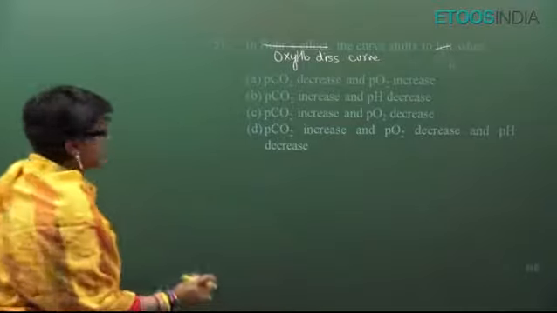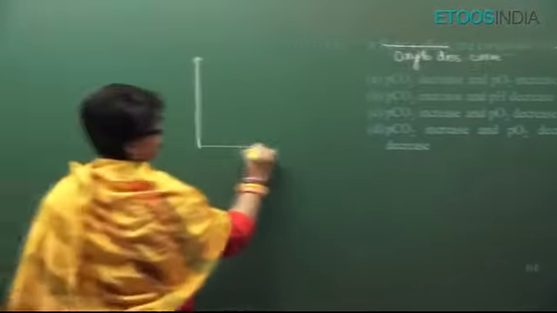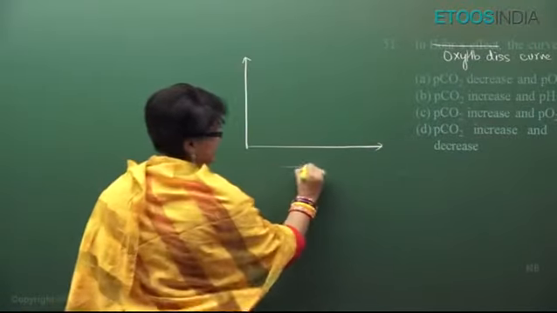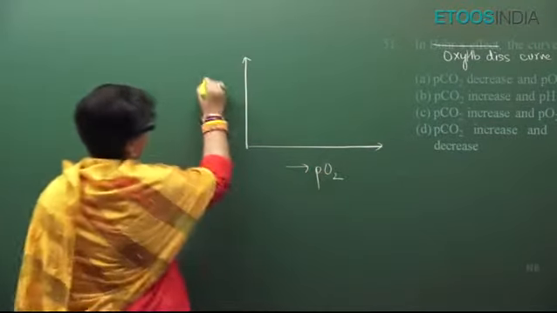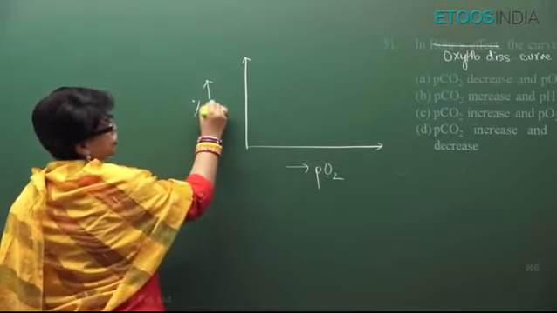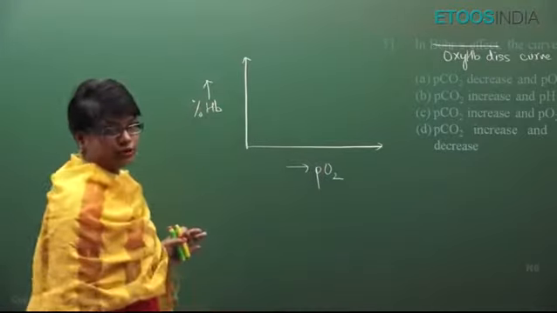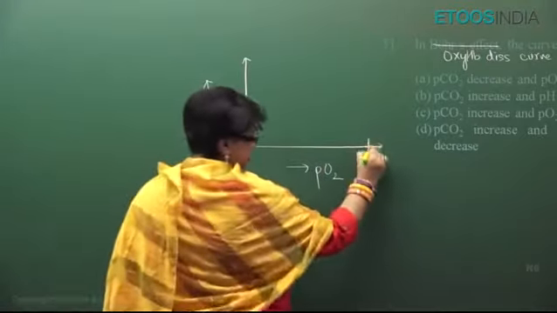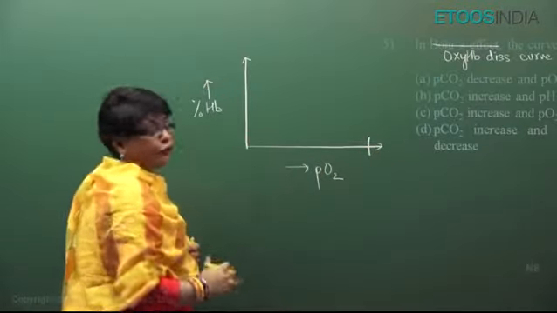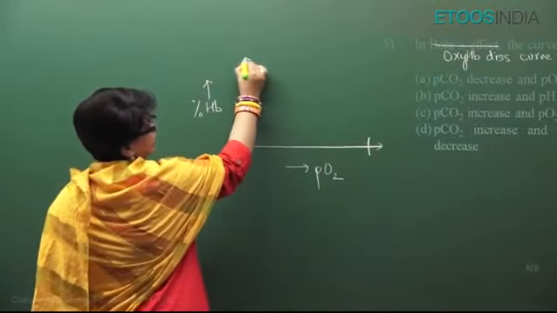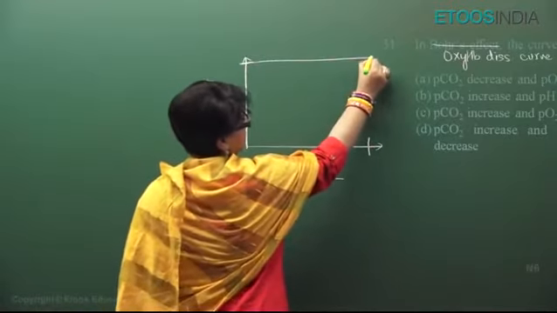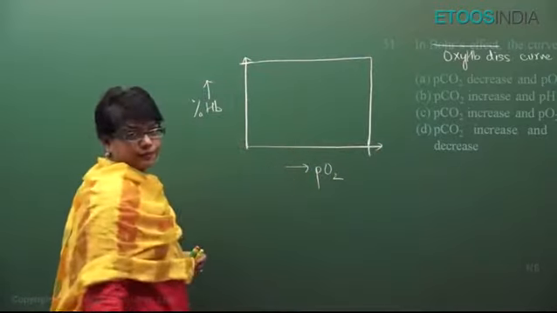Now we have discussed what happens in the oxyhemoglobin dissociation curve. This is the partial pressure of oxygen and this is the percentage saturation of hemoglobin with oxygen. At the lungs, at about 104 mmHg, almost 100, 97% of hemoglobin is saturated with oxygen, right?